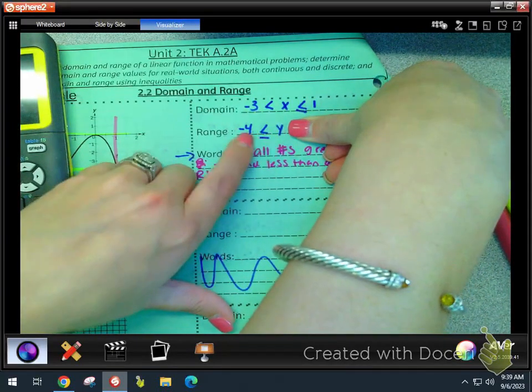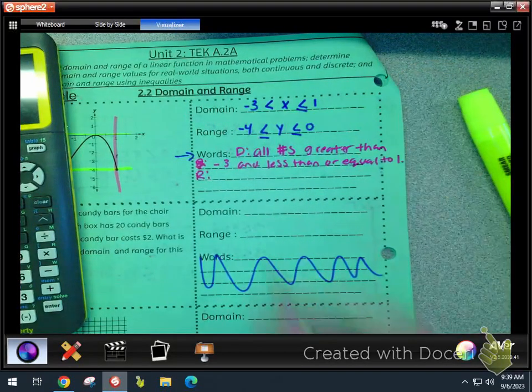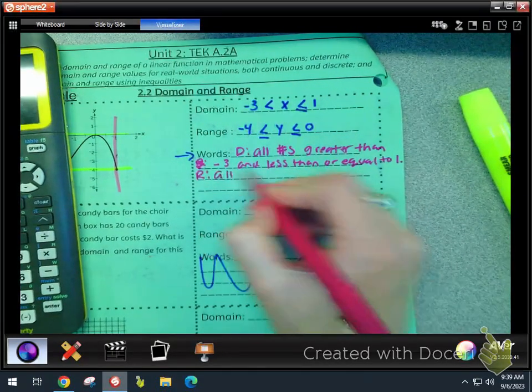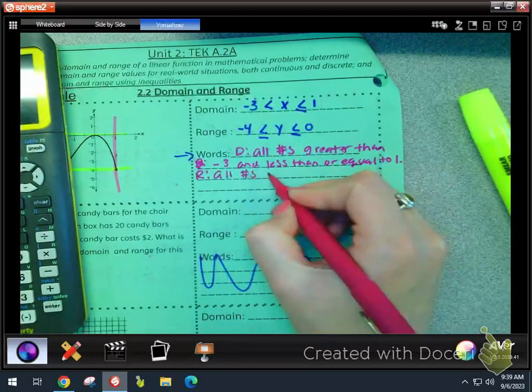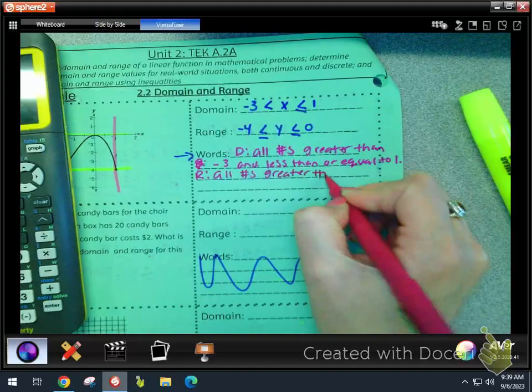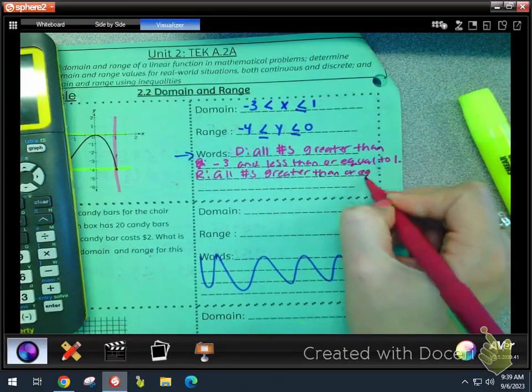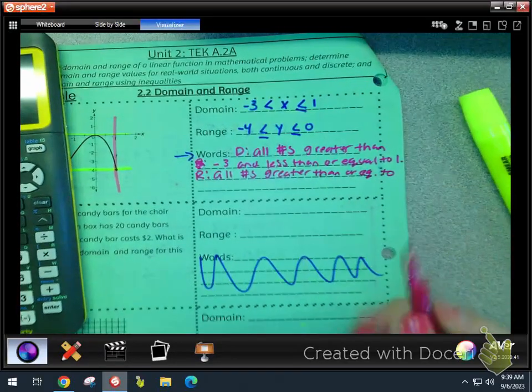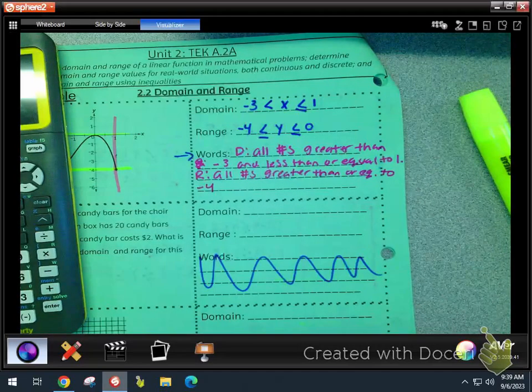So if you do it backwards, it's y is greater than or equal to -4. So we'd say all numbers greater than or equal to, I'm going to abbreviate, -4.